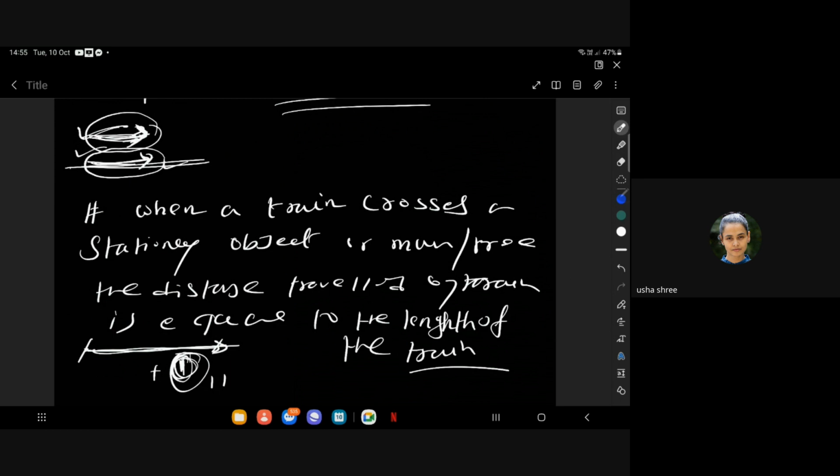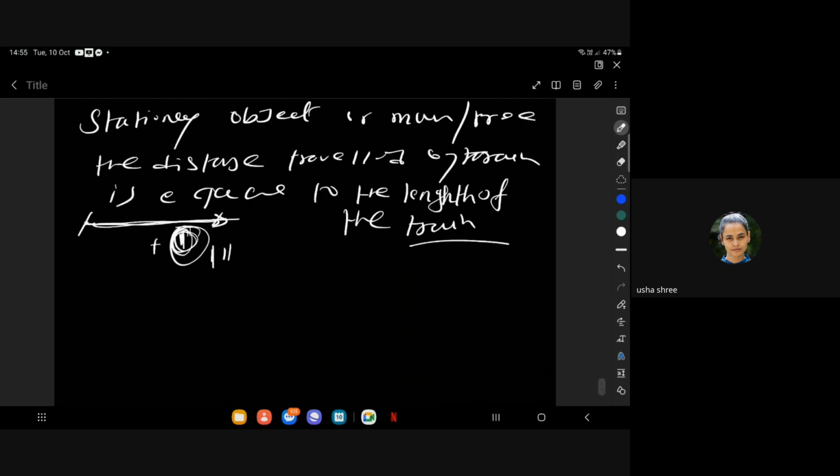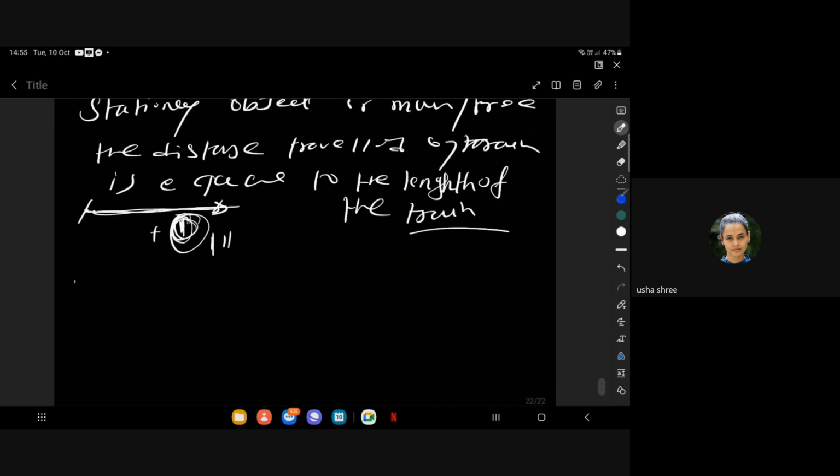But if you compare the width of the man or tree to the train, it is very negligible. That's why this is equal to the length of the train only. Now, next concept.